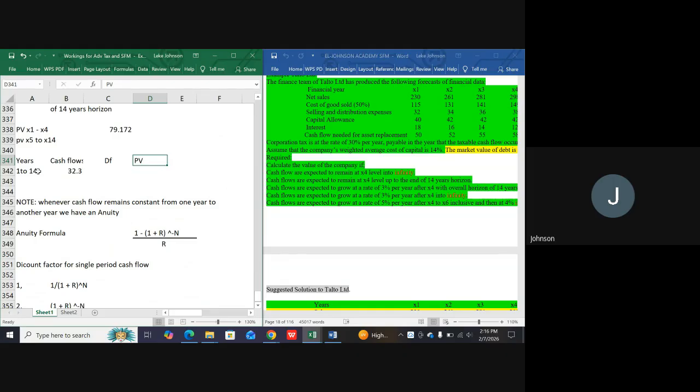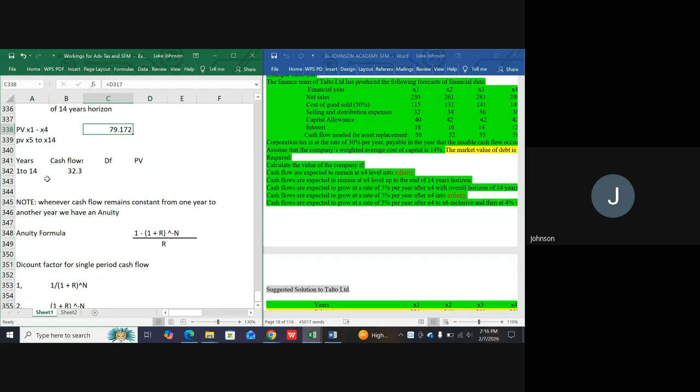You cannot jump year 1 to 4, because we've already gotten the answer to year 1 to 4. The question says cash flows remain the same at X4 level up to year 14. We already know X1 to X4, but X5 to X14 is what we are looking for.